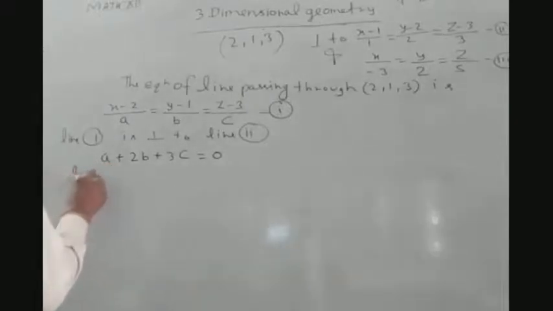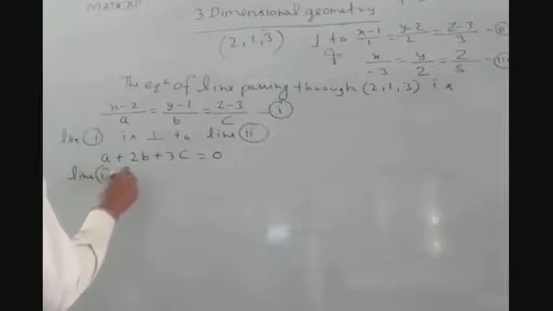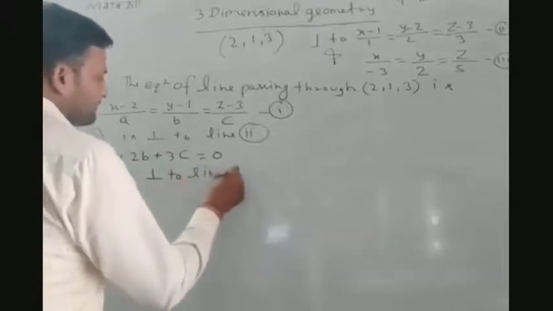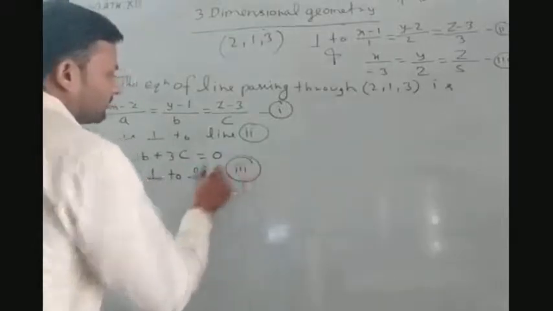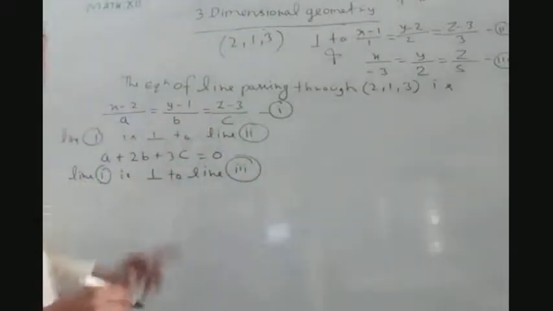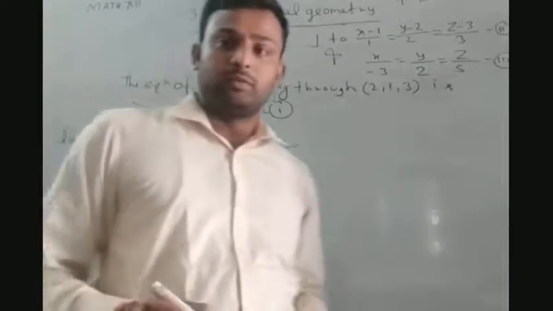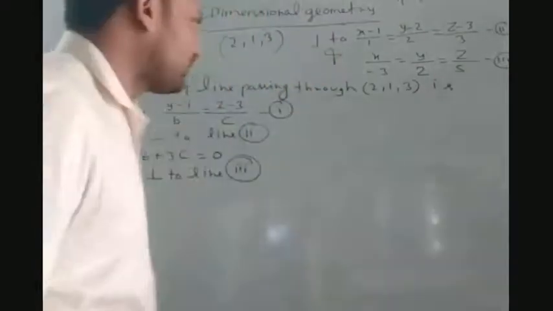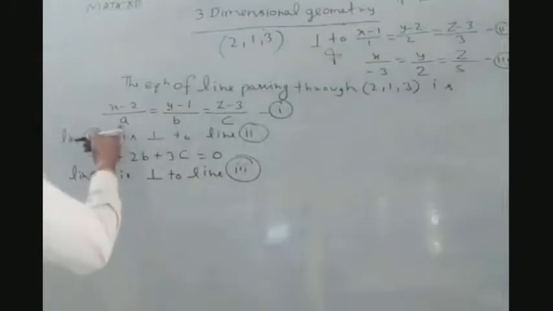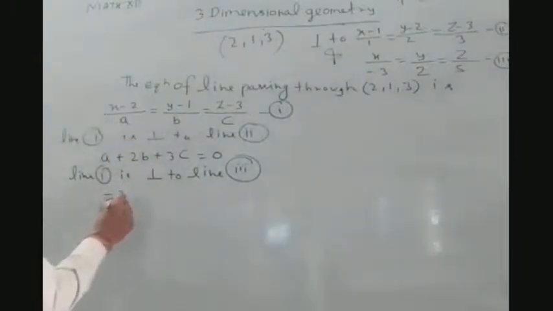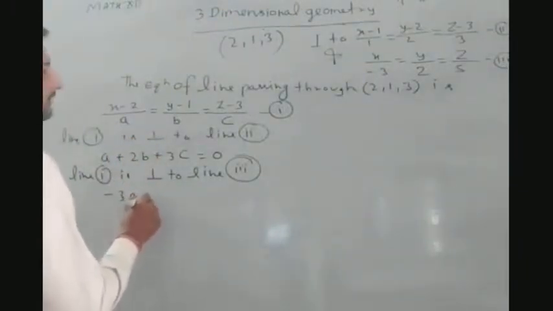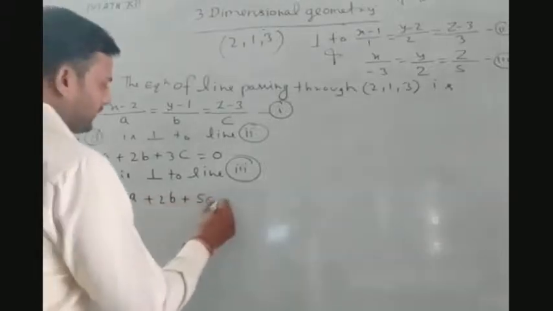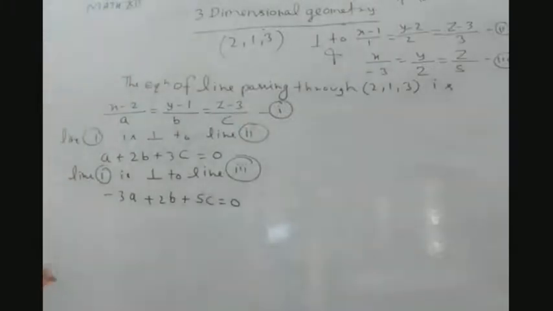And line 1 is perpendicular to the third line also, so we write again a1a2 plus b1b2 plus c1c2 is equal to 0. So let's write: 2a minus 3a plus 2b plus 5c is equal to 0.